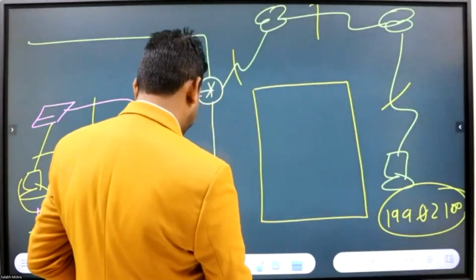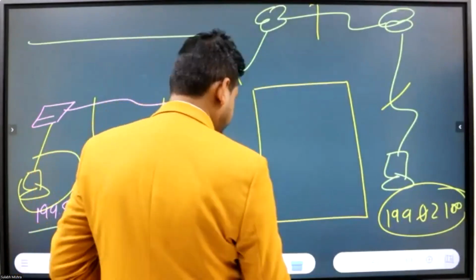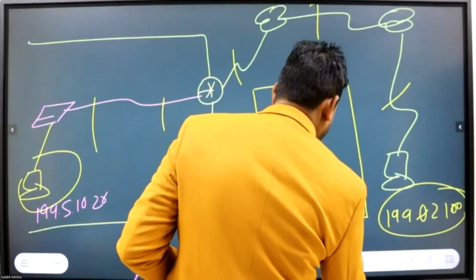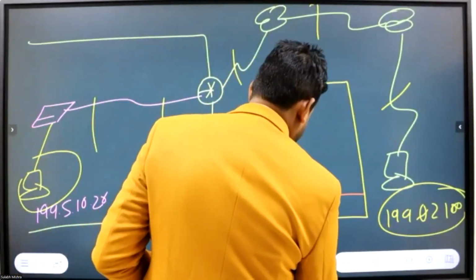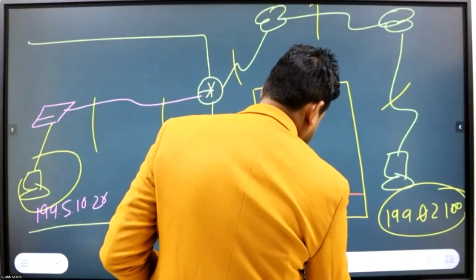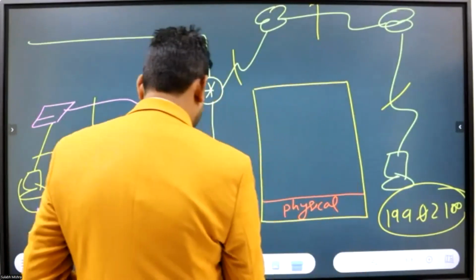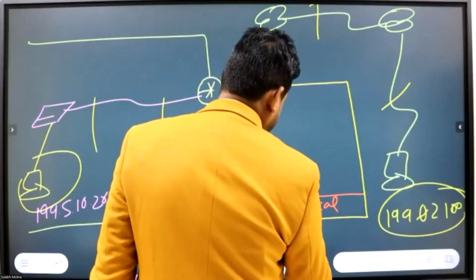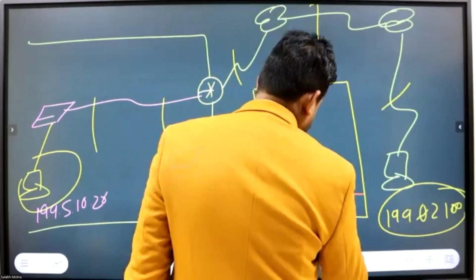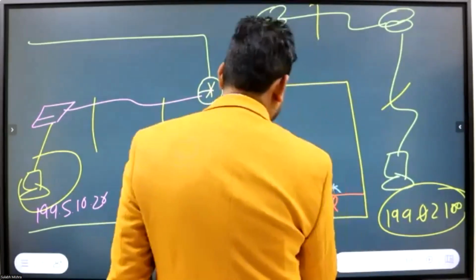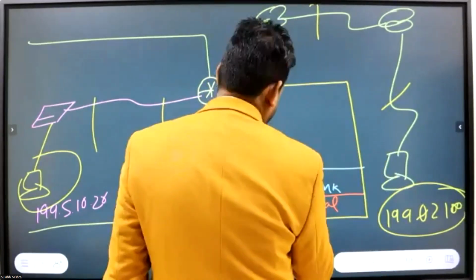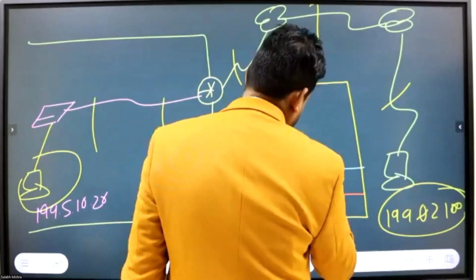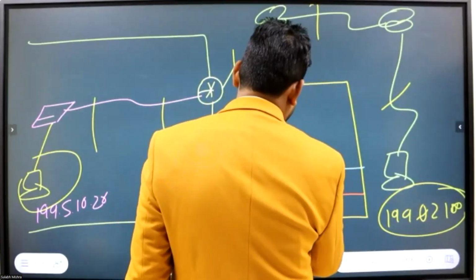What are those layers? Layer 1 is the physical layer. Then the data link layer. Then the network layer. Then the transport layer. Then the session layer. Then the presentation layer.